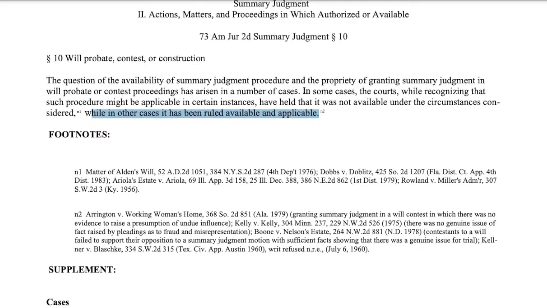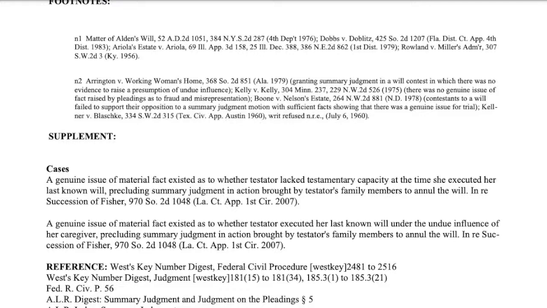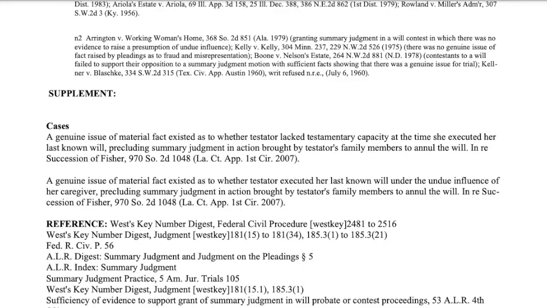Will's estate, so probate. This is going to be complex as it is. So here's some cases, a genuine issue of material fact as to whether testator had lacked testamentary capacity at the time she executed her last known will, precluding summary judgment in action brought by testator's family members to annul the will.